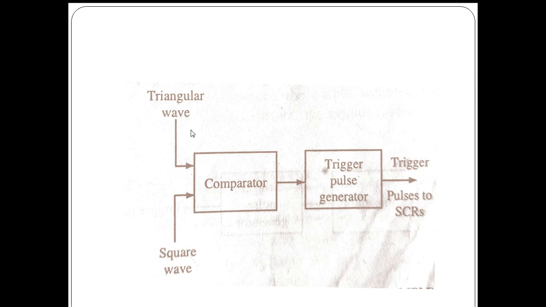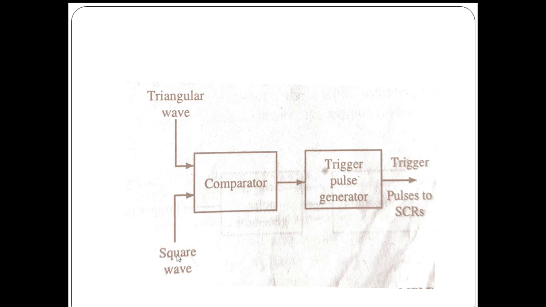At the intersection points where the magnitude of the carrier wave is more, in that place the comparator will give output, and it will be given to the trigger pulse generator. It will generate the trigger pulses to SCR. In this multi-pulse modulation technique, the reference square wave is compared with the carrier triangular wave in a comparator.